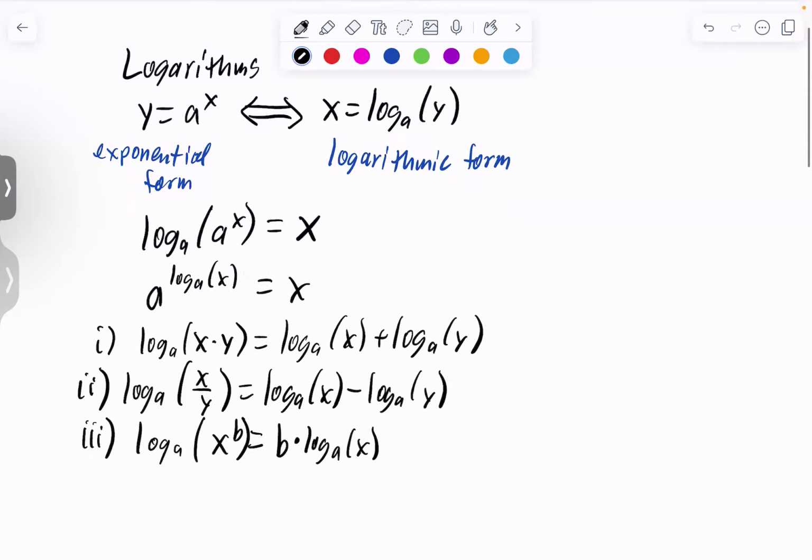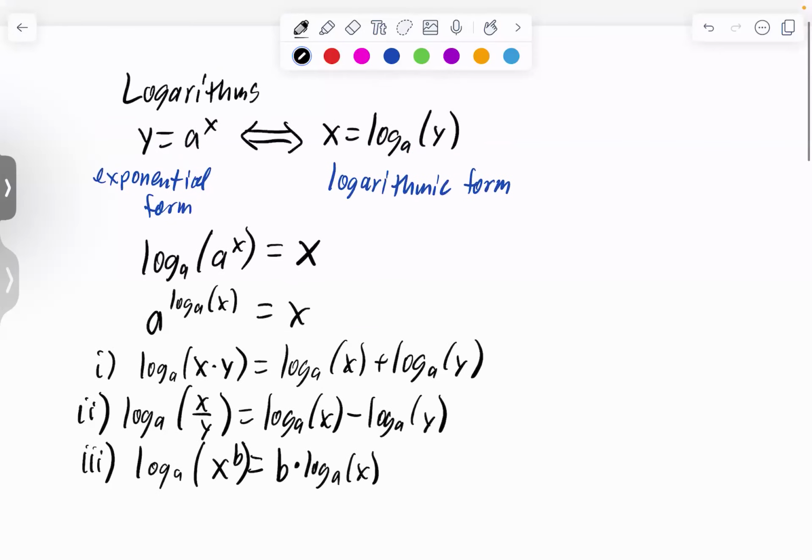A couple of other rules I want to point out is x equals y if and only if log base a of x equals log base a of y, meaning I can apply the log to both sides, or go the other way. If I have the log equals log, then the two domain parts are equal to one another. So the IFF might be new for you. That means if and only if. That's an if-then statement both ways. Usually if-then statements only go in one direction.